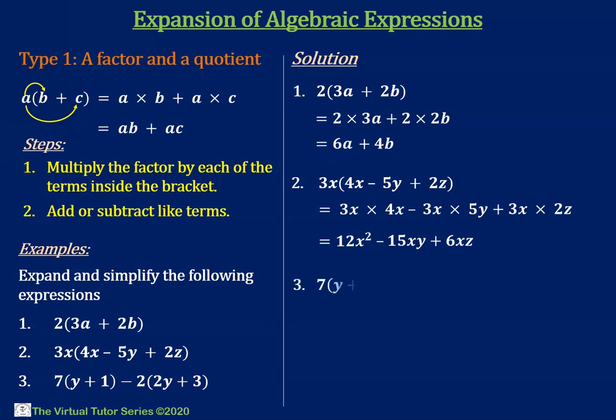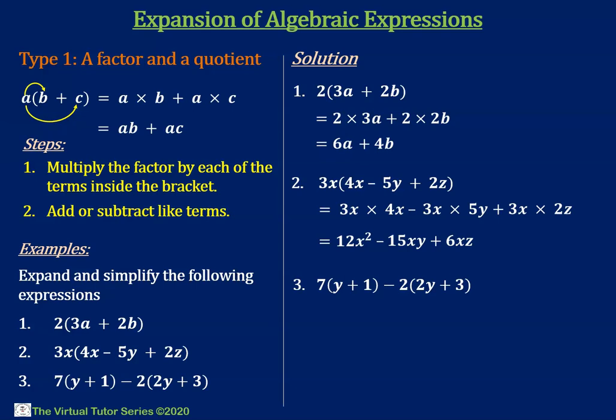Example 3. 7 into bracket y plus 1, bracket closed, minus 2 into bracket 2y plus 3, bracket closed. Step 1. Let's distribute 7 over y and 1, and negative 2 over 2y and 3.